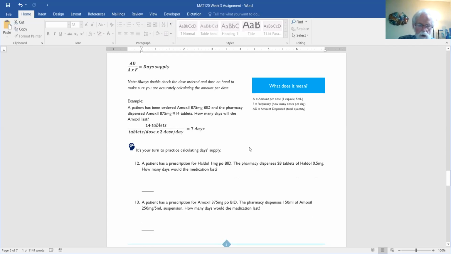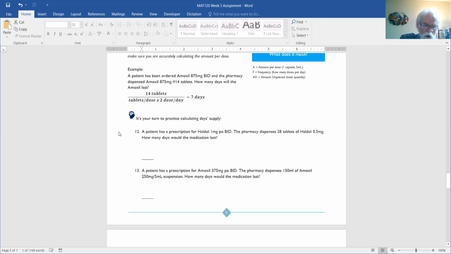Okay. So if we take a quick look at a prescription for Haldol, again, the name of the drug is irrelevant. All you're interested in is we want 1 milligram by mouth twice a day. The pharmacy gives 28 tablets that are 1/2 milligram.